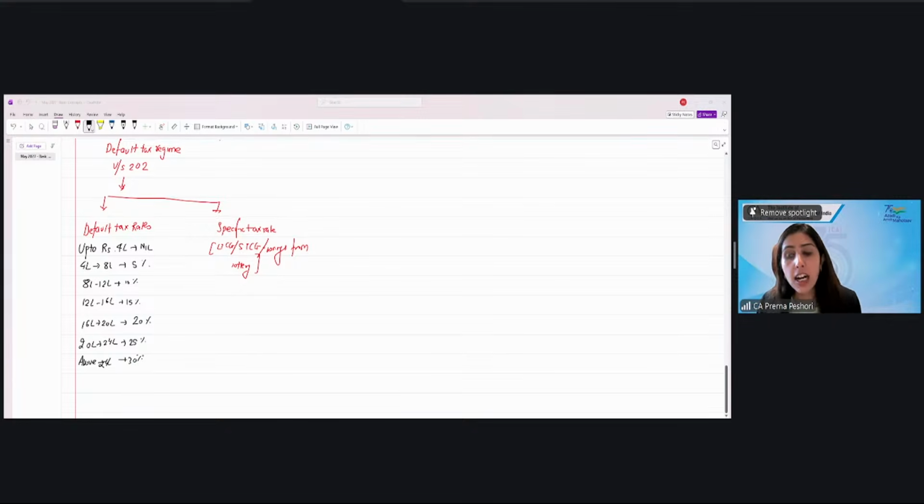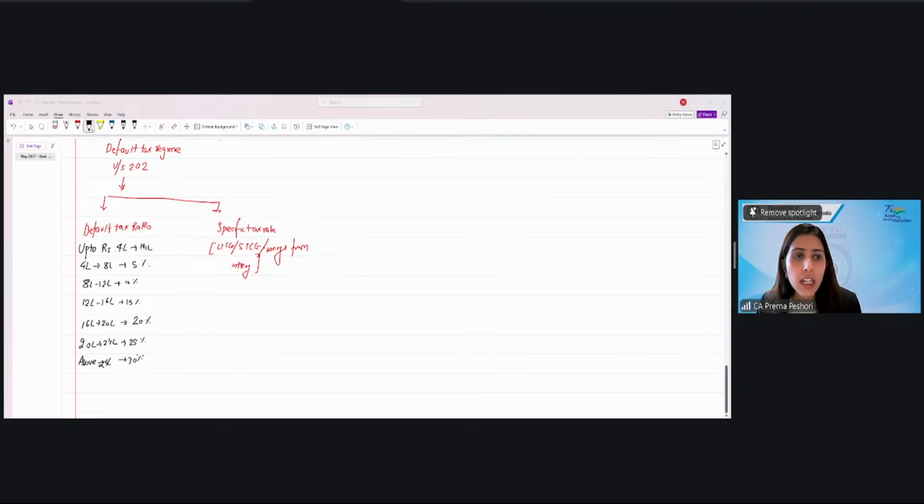Now, if you see, it says that unless the assessee exercises the option of going out from this regime, right? We read that. So if the assessee wants to forgo certain exemptions and deductions, he can go for this regime. Alternatively, he can exercise the option to shift out of the default tax regime and pay the tax as per the old tax regime or the optional tax regime. Okay?